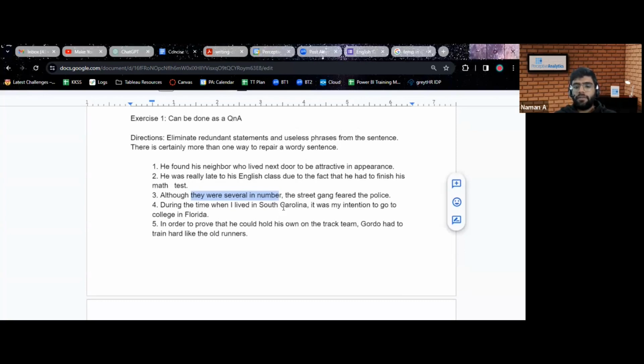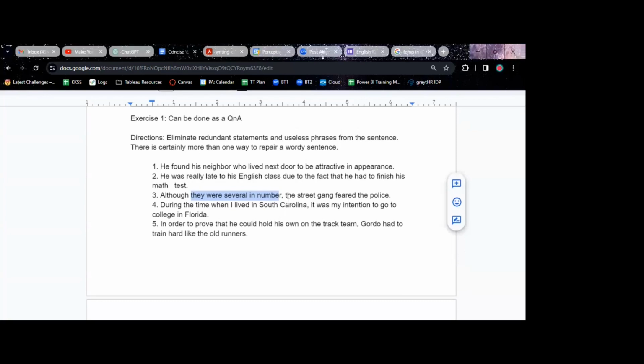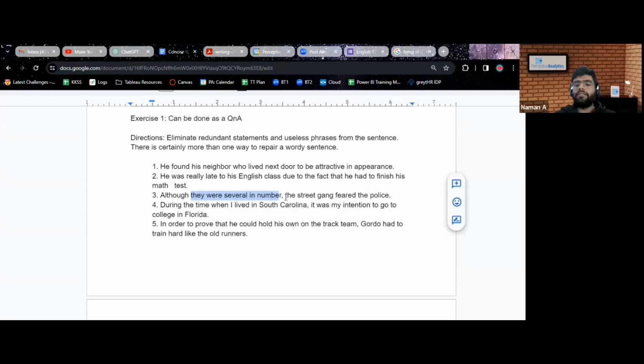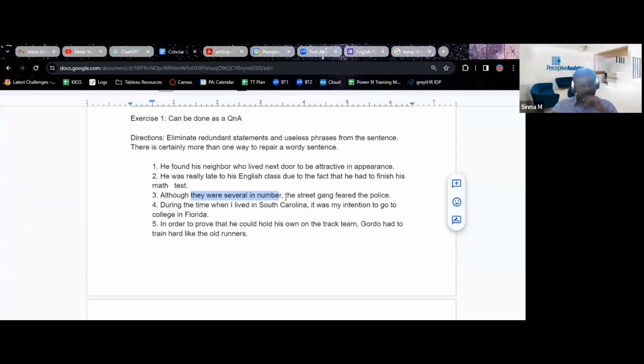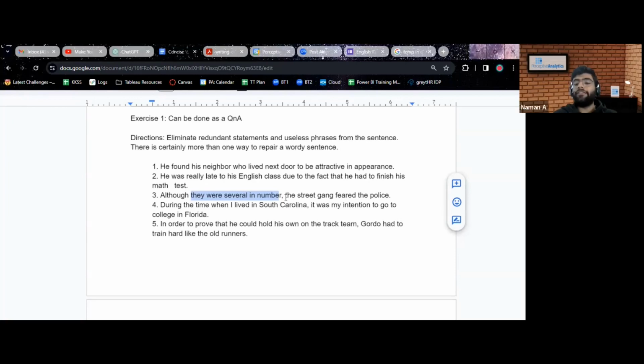Maybe we can reword it as the street gang feared the police as they were numerous. Hmm, as they were numerous won't make sense. If they're numerous, they should not be fearful of the police. So: the street gang feared the police despite being numerous.